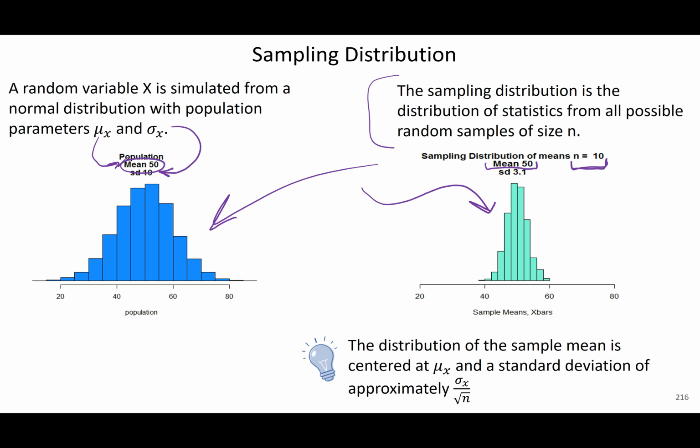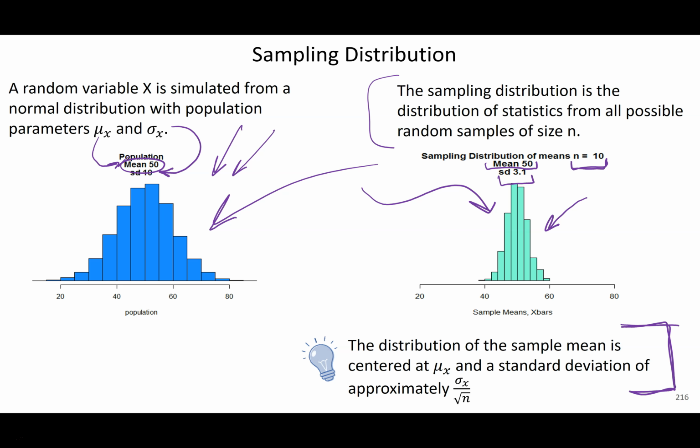And my standard deviation is going to get smaller. One way to think about it is the bigger your sample size is... here this is almost like every single unique sample of 1. Here, this is every unique sample of 10. So from sample to sample of 10, the average is going to fluctuate less than for every single unique sample of 1.